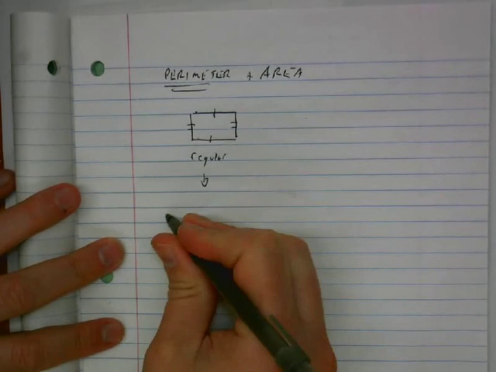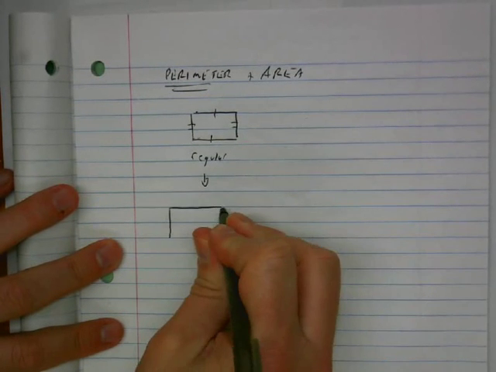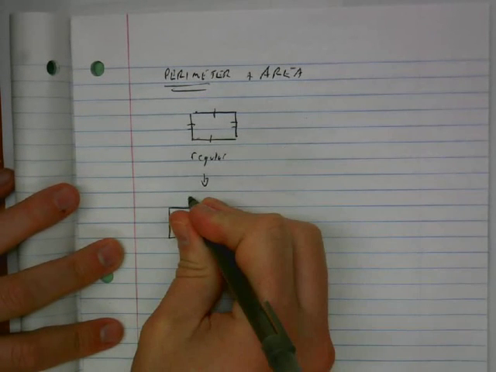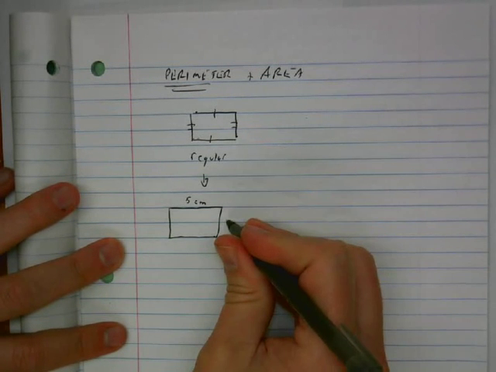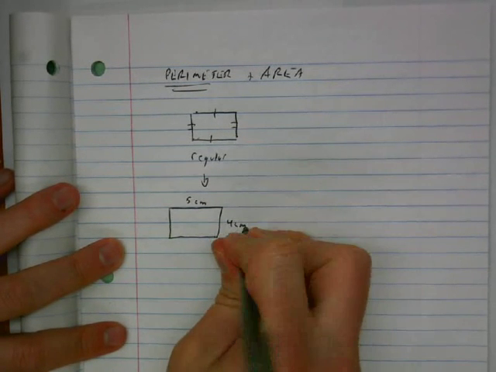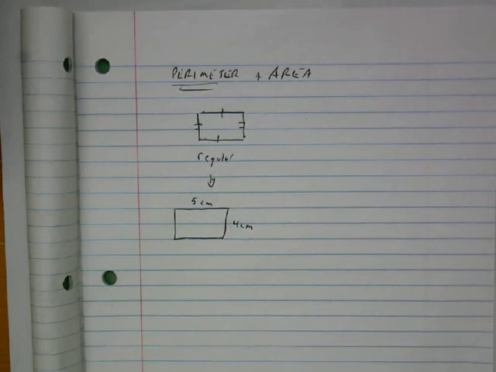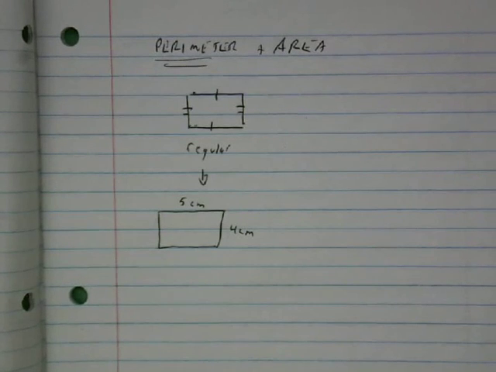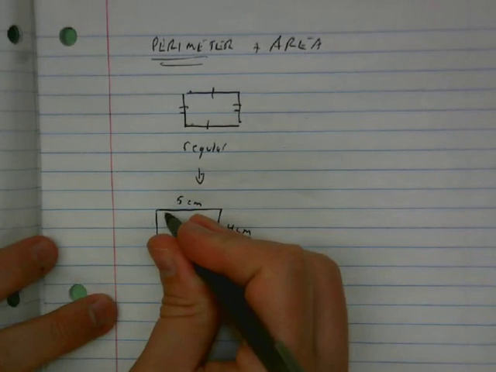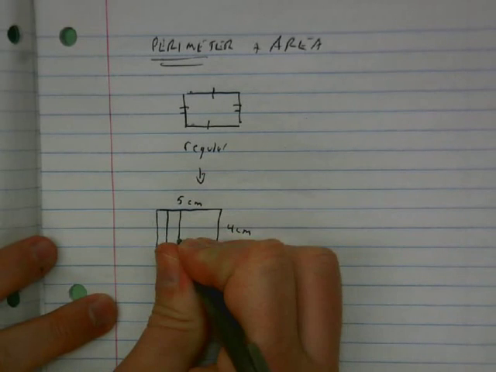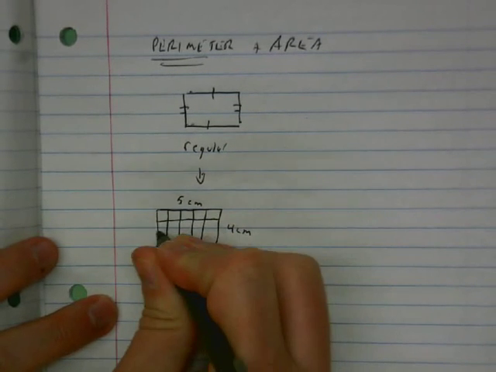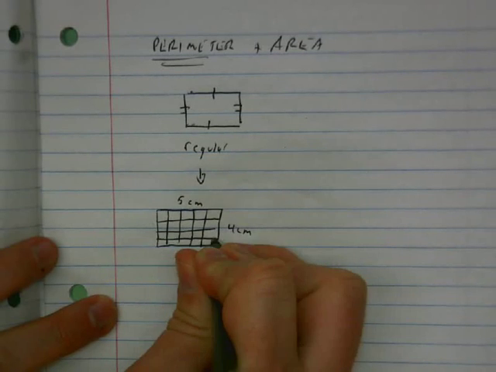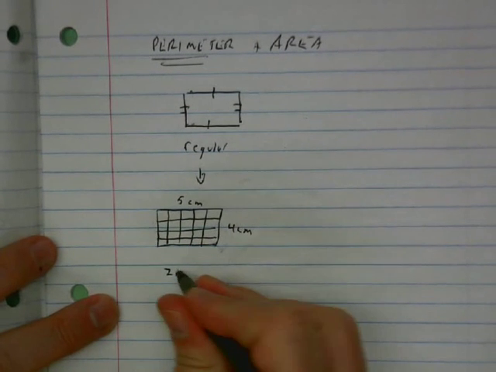So if I have a rectangle with, let's say, 5 centimeters as one side length and 4 centimeters as the other, what I can do is create a grid pattern. If I break this up into fifths, and I break this up into fourths, I get an area of 20 centimeters squared.